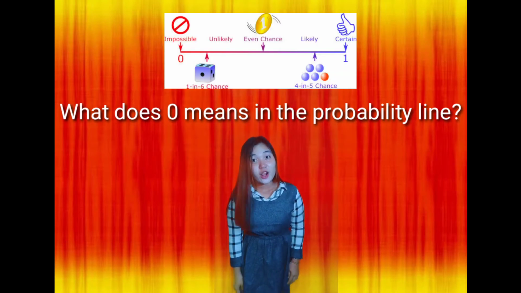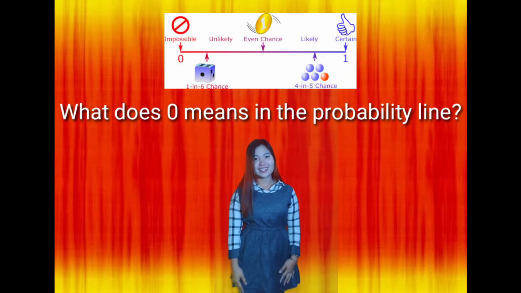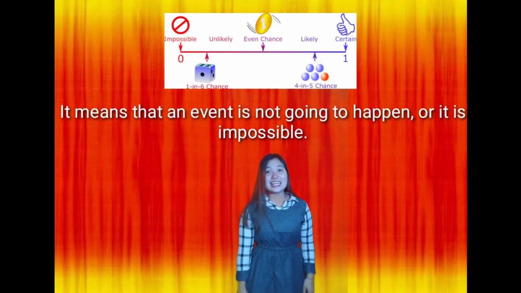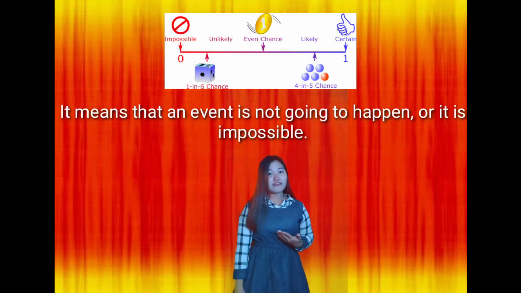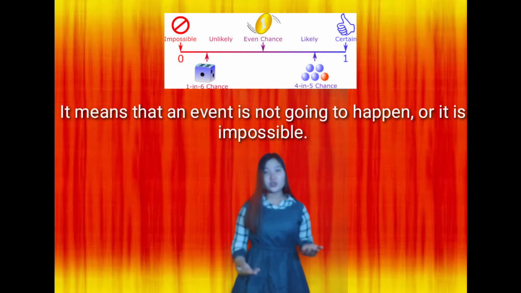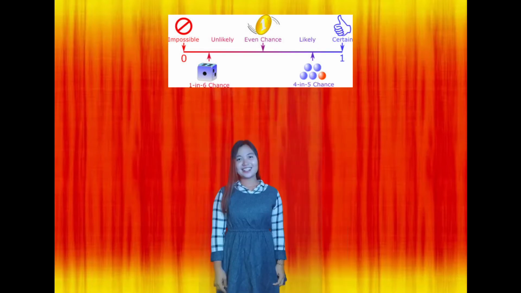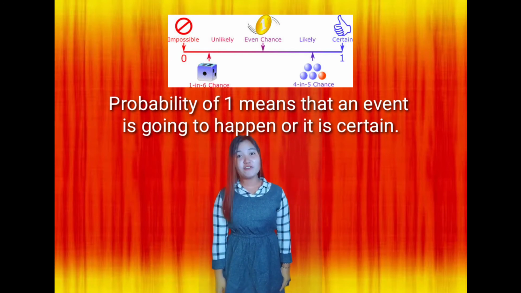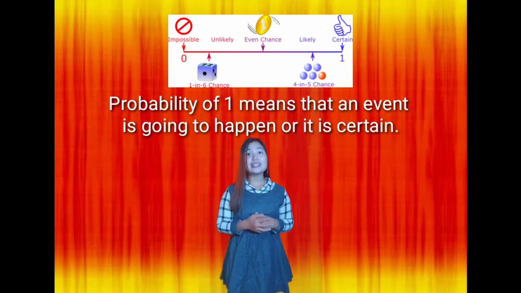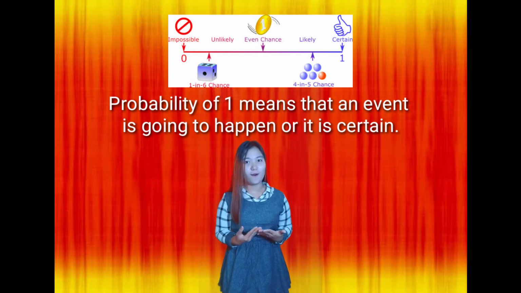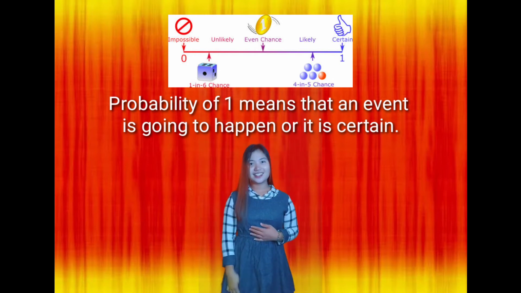What does 0 mean in the probability line? It means that an event is not going to happen or is impossible to happen. And the probability of 1 means that it is going to happen or it is certain.